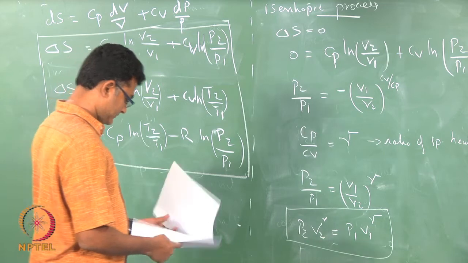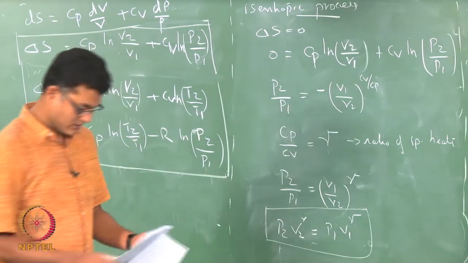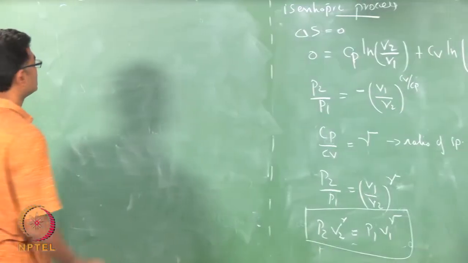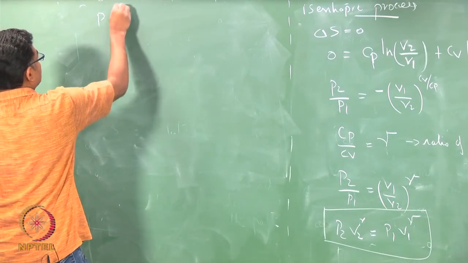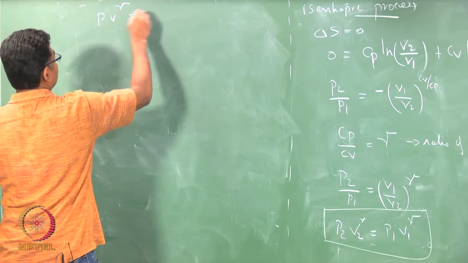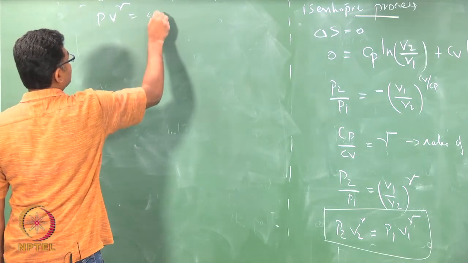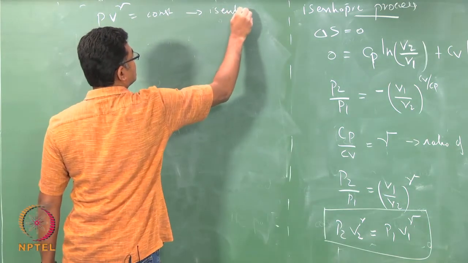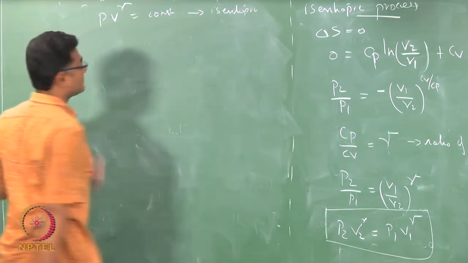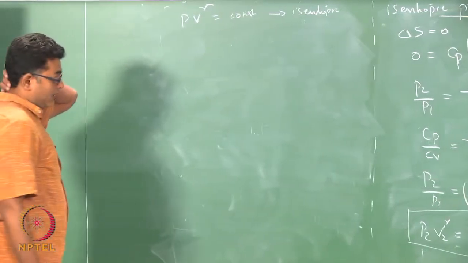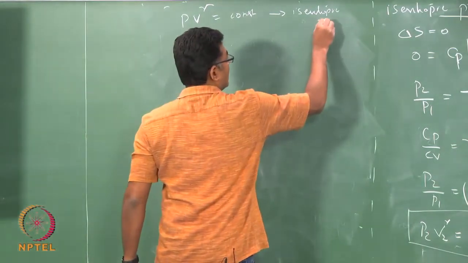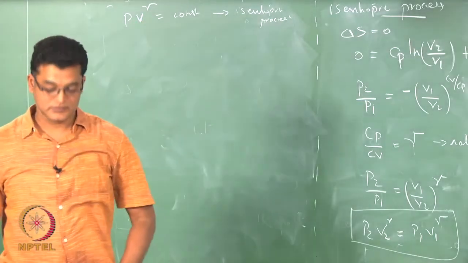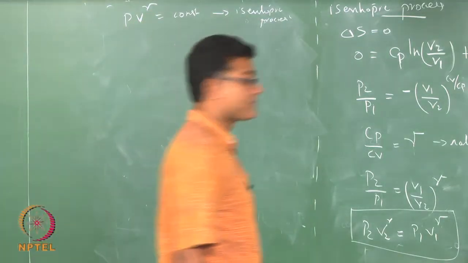Now I can look at it, so PV to the power gamma is constant for an isentropic process. Now I can have other processes where this power is not gamma.